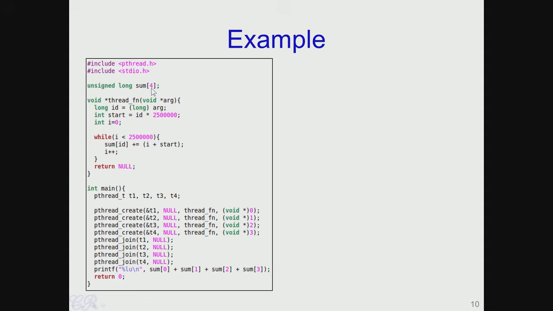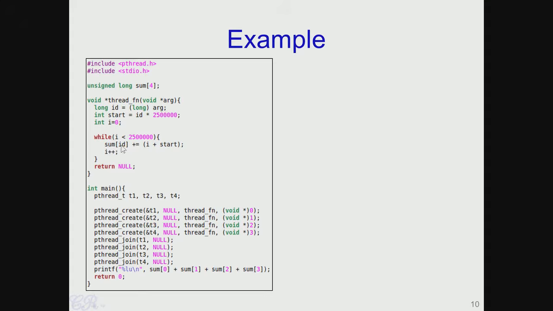Now, in addition to this, what is defined is a global array called sum. This is an unsigned long array of 4 elements. Now, this sum is used to accumulate the sum for each thread. So, sum 0 would contain the sum of the numbers from 0 to 2.5 million, which is filled by thread 0 or thread 1, that is the T1 thread.